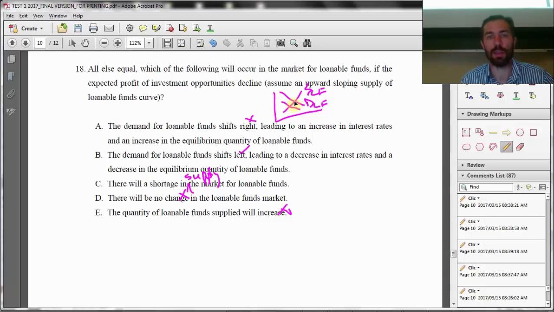No. At the original equilibrium interest rate, there would be excess supply, which means option B is the only one that's looking good. The demand for loanable funds shifts to the left, yes. Leading to a decrease in interest rates, yes. And a decrease in the equilibrium quantity of loanable funds, yes.